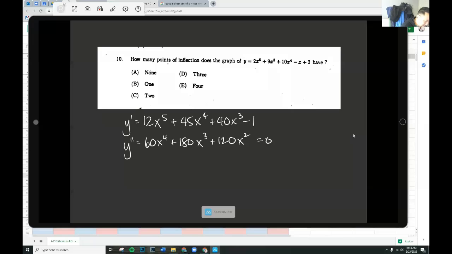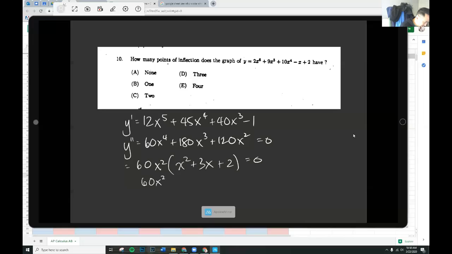And now I have to set it equal to 0 to solve for x for my critical numbers, right? And I'm going to use GCF first. I could pull out a 60x squared from everything, and I'm left with x squared plus 3x plus 2 equal to 0. That's not bad, right?